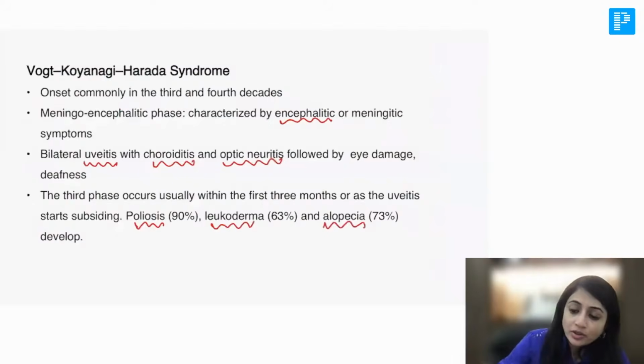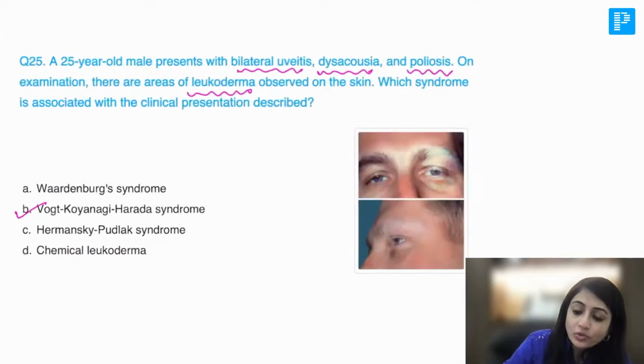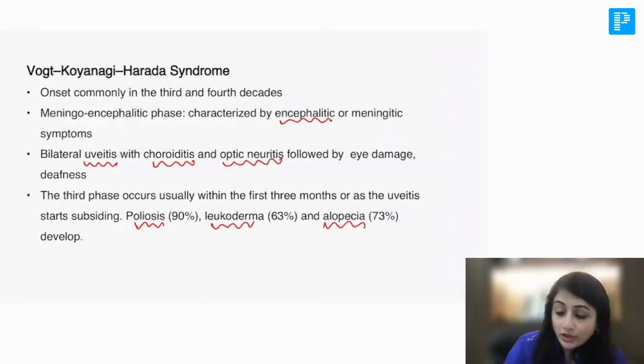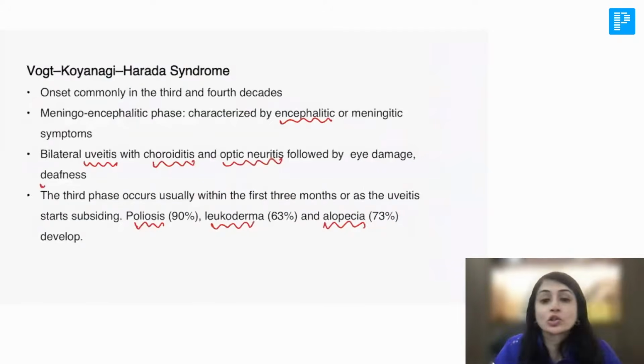Here you have uveitis, poliosis, leukoderma with dysaceusia. Deafness can also happen. So these are all features of VKH syndrome. If any of this is present, think about VKH syndrome.